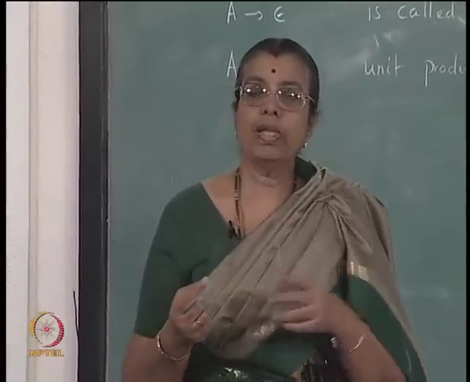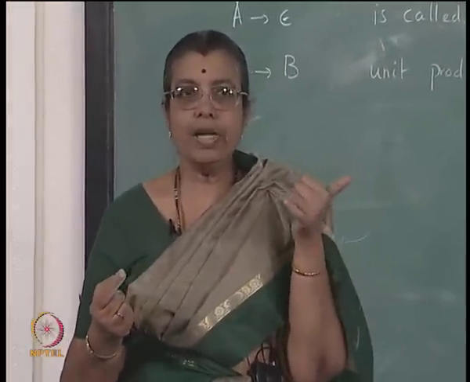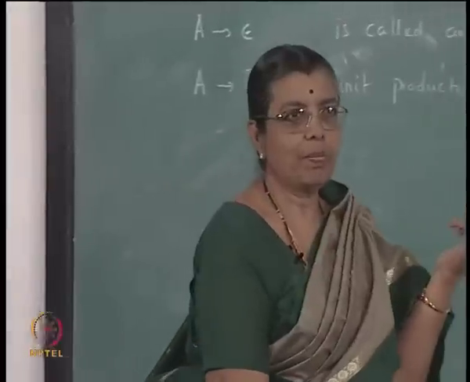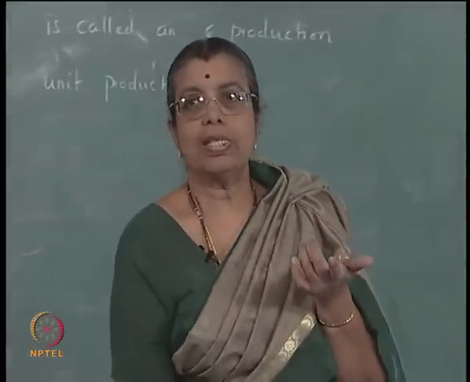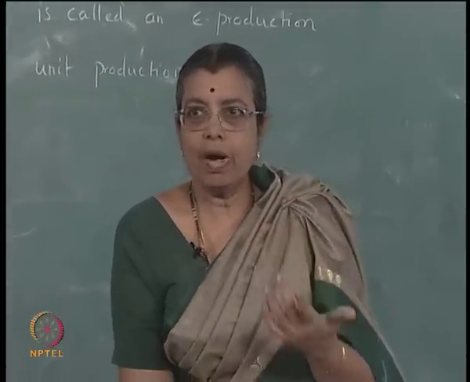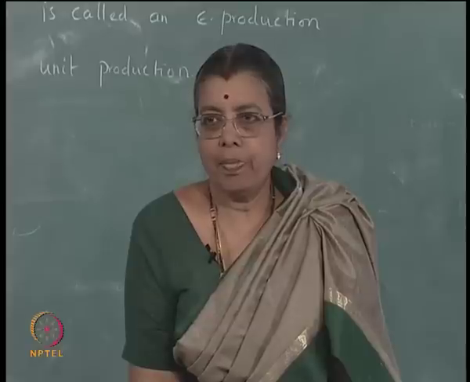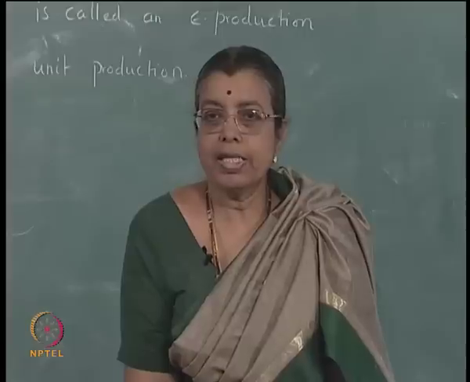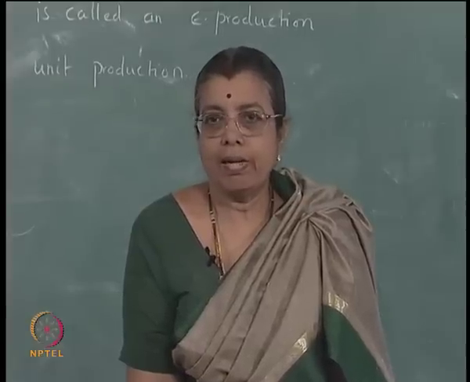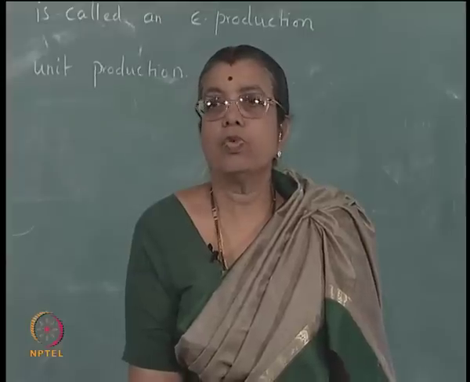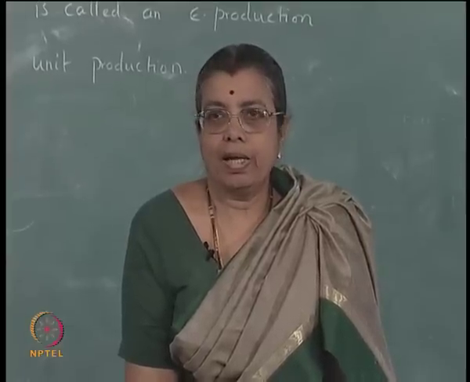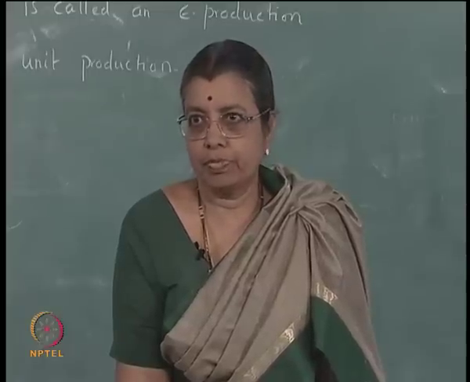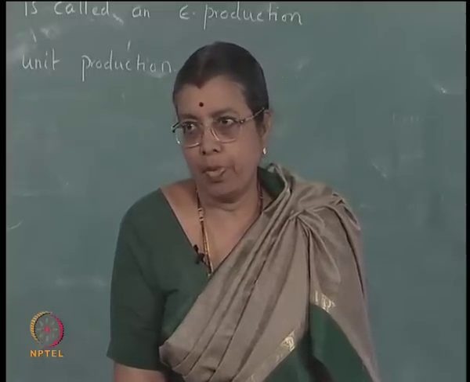If these unit productions really do not do anything, like E goes to E plus E, they do not contribute to any proper code, but unnecessarily you will be using them, and each time you will be calling a semantic routine. So, if you use too many unit productions, A goes to B, the compile time of a program will be more.